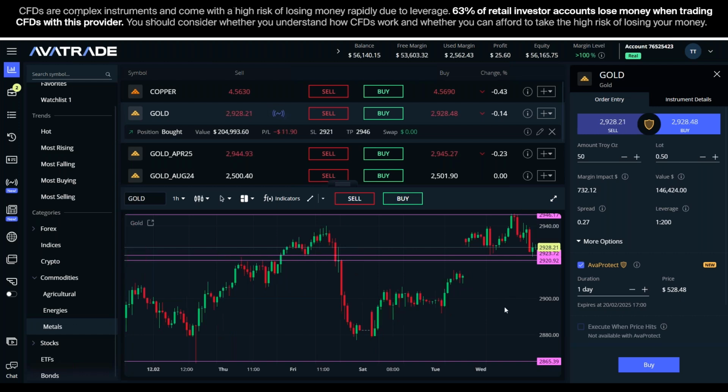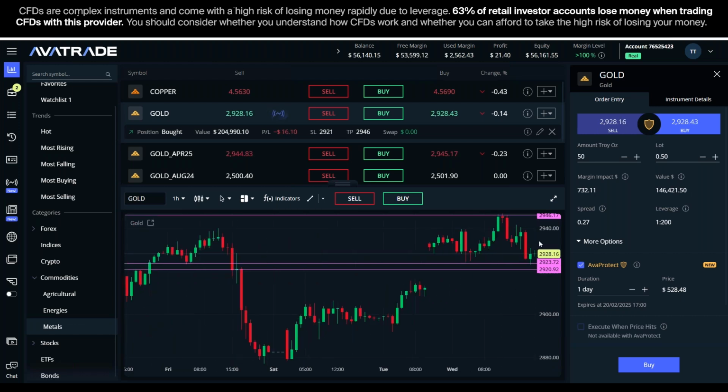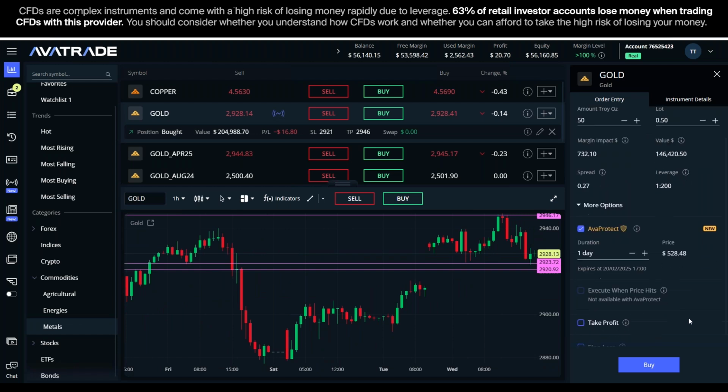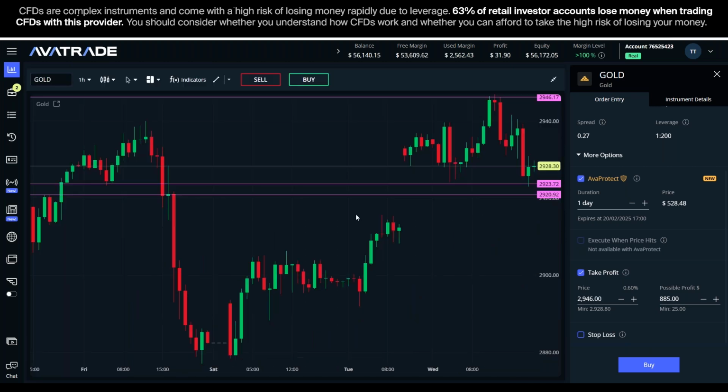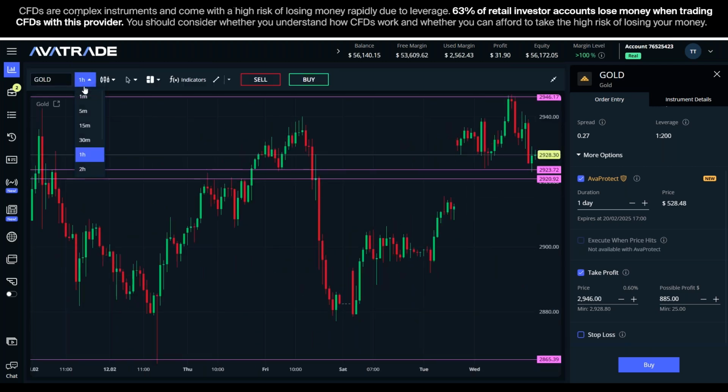So then I look at the chart and I say, okay, if this does go flying up to 29.46, what would I make? Quite a bit more than I'm paying for the protection, but since I'm protecting for a full day, I don't have to look at such a quick take profit.